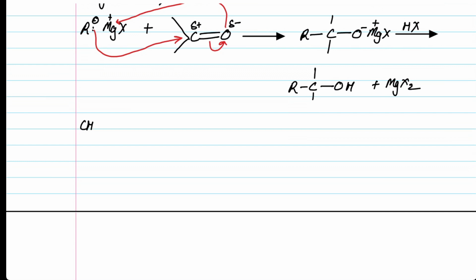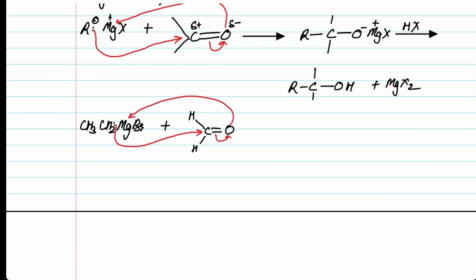We have CH3CH2MgBr, and we react it with H-CH double bond O, that is methanal, that is formaldehyde. So when it reacts with formaldehyde, as is expected, it's going to attack on carbon. The bond would be cleaved. Oxygen is going to attach with magnesium bromide. And we are going to get CH3CH2CH2O minus MgBr plus. So that's what we get in this particular reaction.